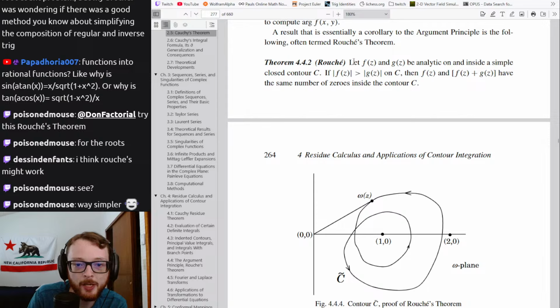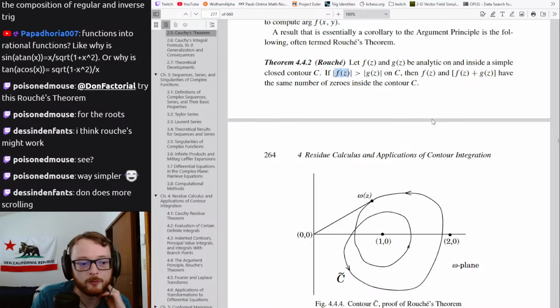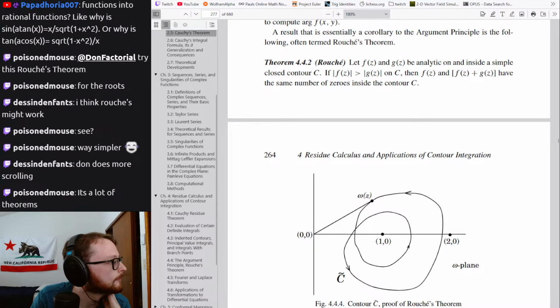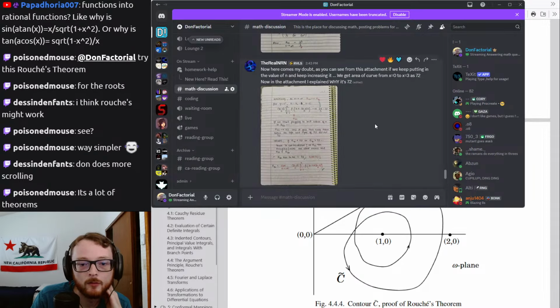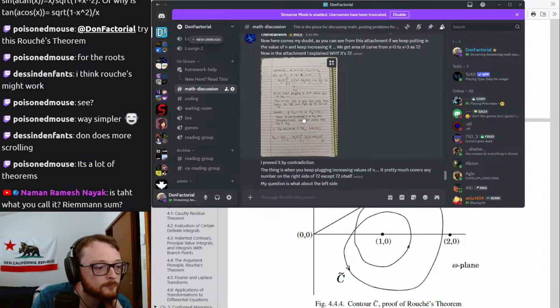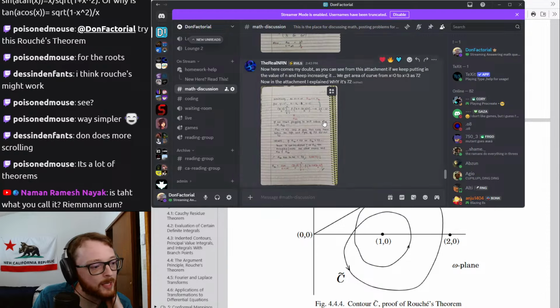You have to be creative, which is annoying. Like, you have to name an f of z that works here, but yeah. That's a better idea. A Riemann sum? Yeah, that's like the definition of an integral.